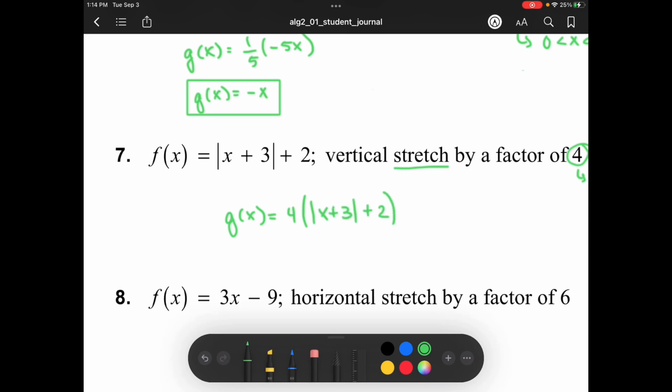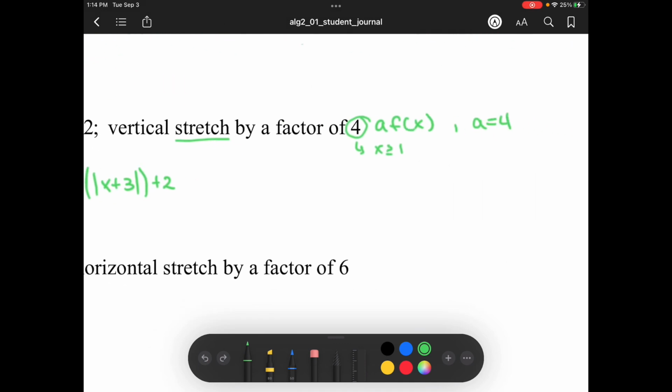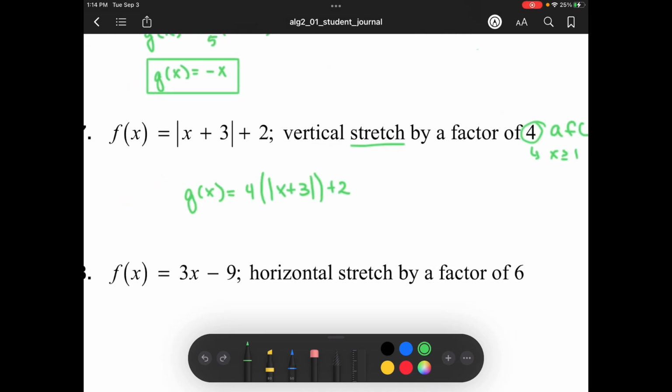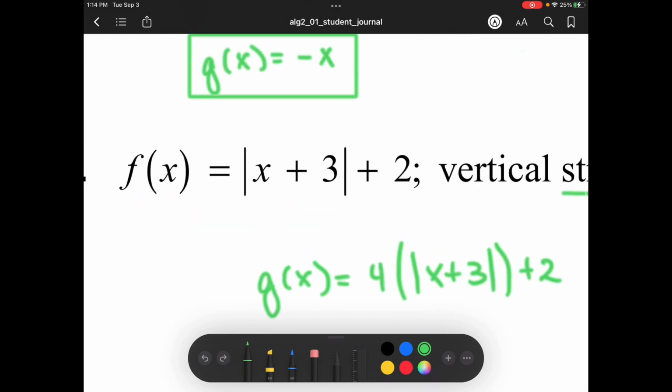A common mistake that I see happening a lot is people treat the absolute value signs as parentheses. They are not. We're just going to leave them alone. And the reason that I didn't apply that to the 2 is because I really only care about where my, quote unquote, parent function was.